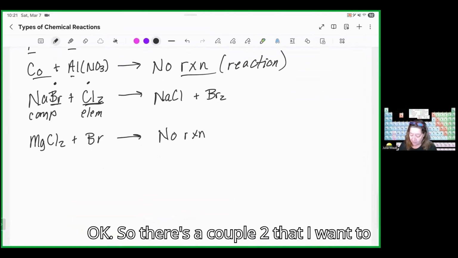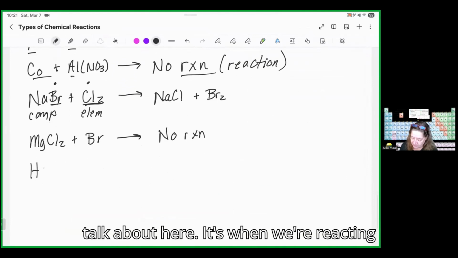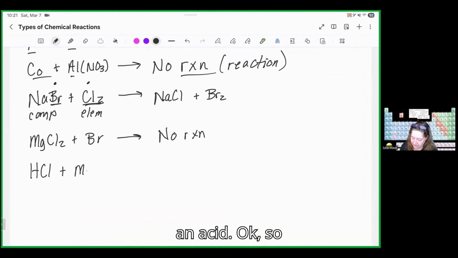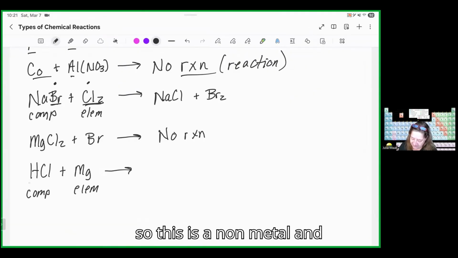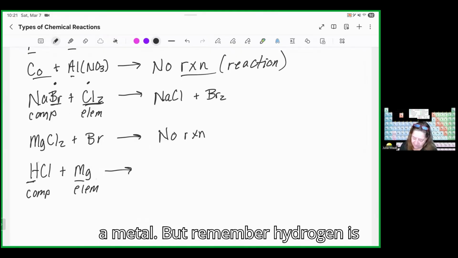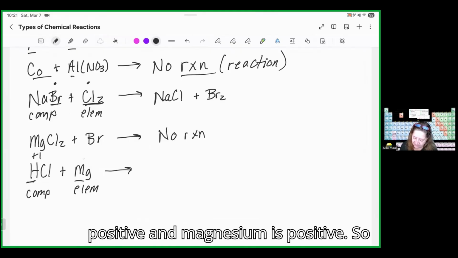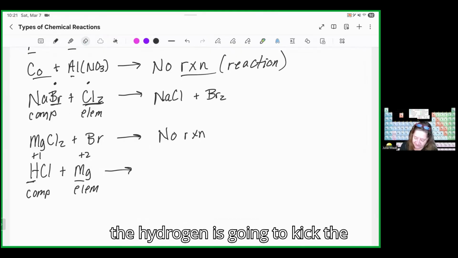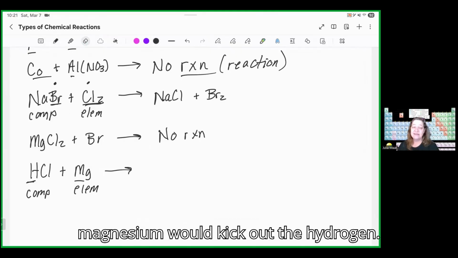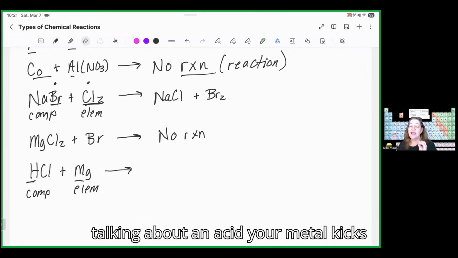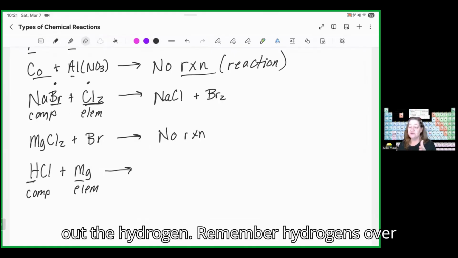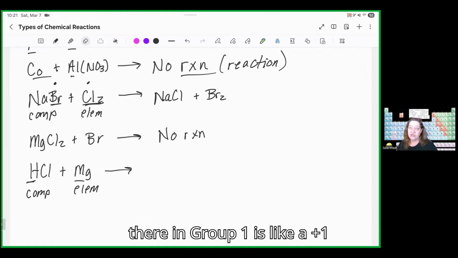Okay, so there's two that I want to talk about here is when we're reacting an acid. Okay, so I have an element and a compound. Okay, so this is a nonmetal and a metal, but remember, hydrogen is positive and magnesium is positive, so the magnesium would kick out the hydrogen. Okay, so that's the case when we're talking about an acid. Your metal kicks out the hydrogen. Remember, hydrogen's over there in group 1. He's like a +1 charge.